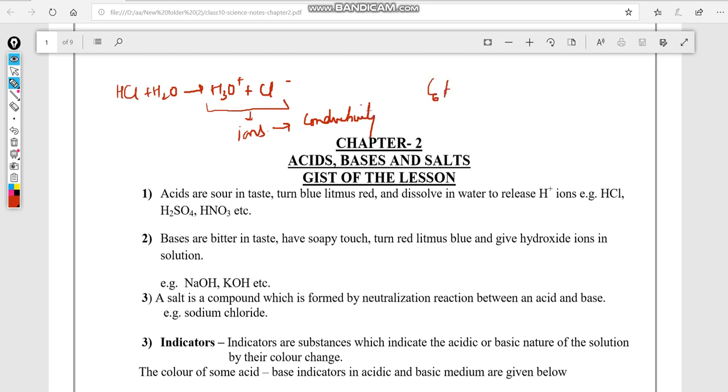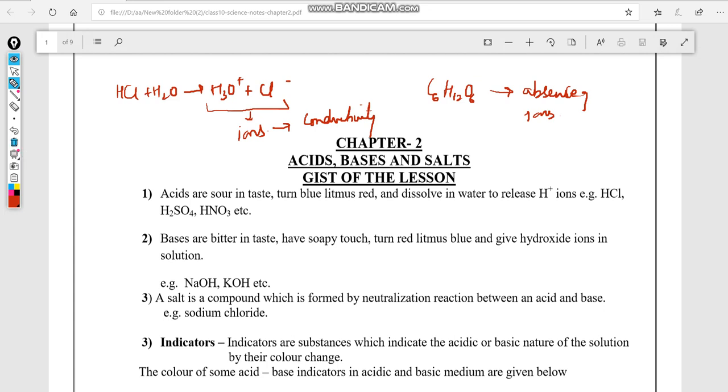But glucose solution does not conduct electricity due to absence of ions. So aqueous solution of acid is a good conductor of electricity due to presence of ions, and glucose does not conduct electricity due to absence of ions. Clear, beta? Next we have base.